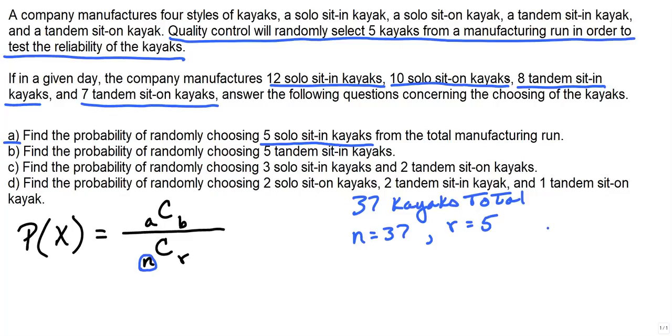So that means that we will have 37 C 5. That is going to be the denominator for all of our problems because we have a total of 37 kayaks and we are going to choose 5 of them to test. However, keep in mind that we have 4 types of kayaks and we have different numbers of those 4 types of kayaks. So let's talk about part A.